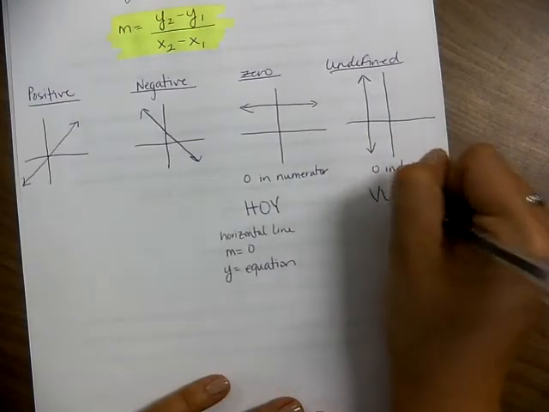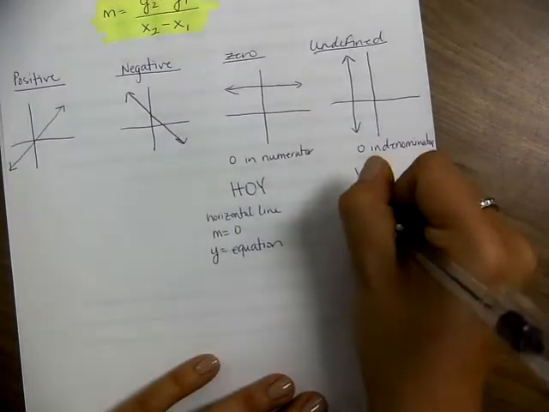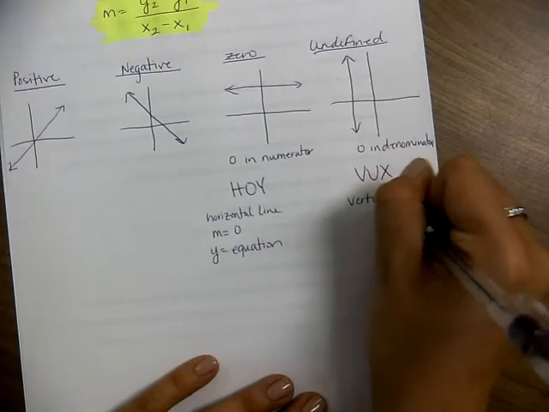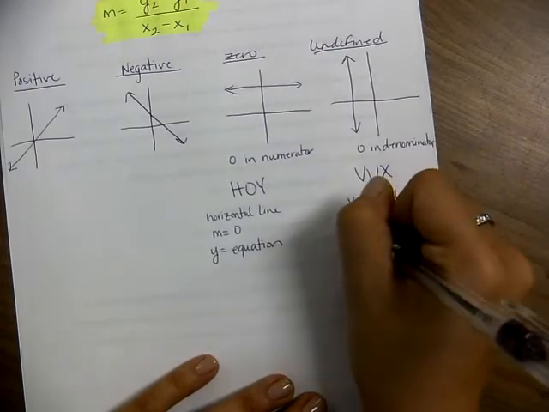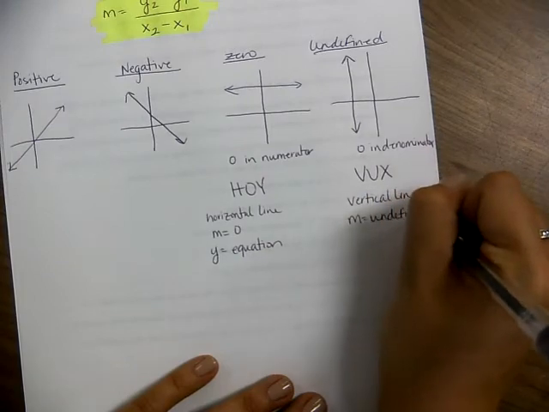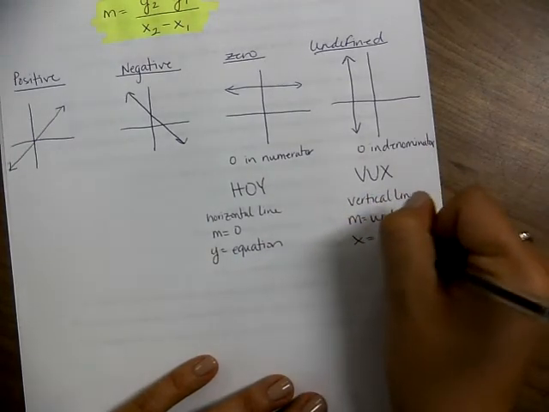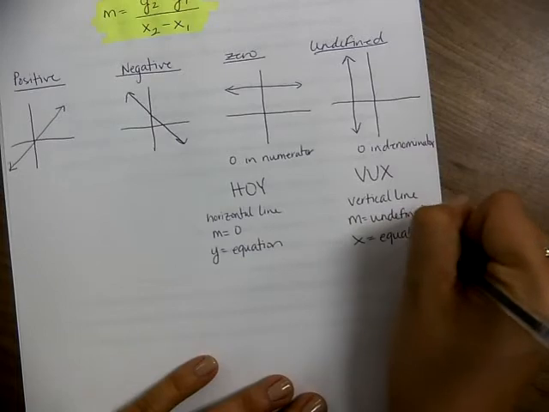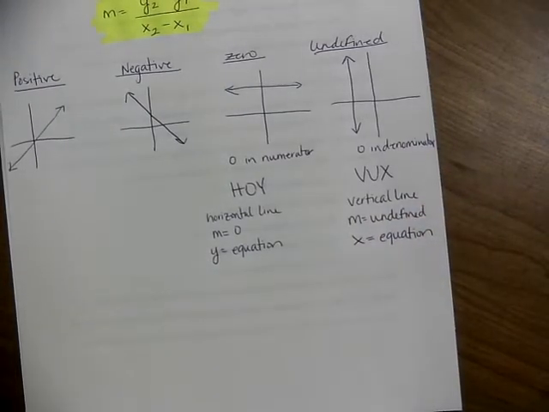VUX is for a vertical line. It helps you to remember that a vertical line has an undefined slope and an x equals equation. Alright, so those are our 4 types of slope.